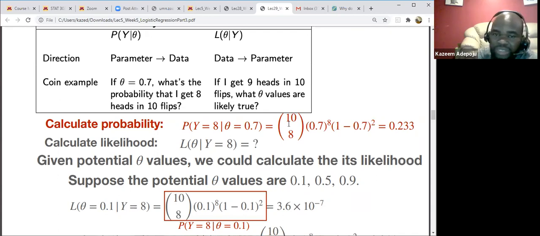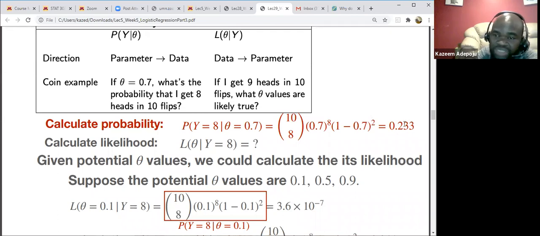Right here you have 10 trials, 10 flips, and the question is, I want to get 8 heads. It means my y is equal to 8. That's what I'm putting here. Then the probability of getting a head, theta, is 0.7. I raise that to power 8. Then I do 1 minus 0.7 raised to power 10 minus 8, and 10 minus 8 equals 2.